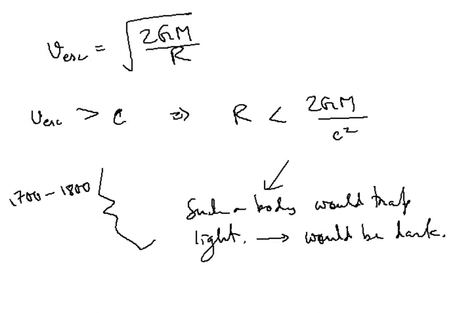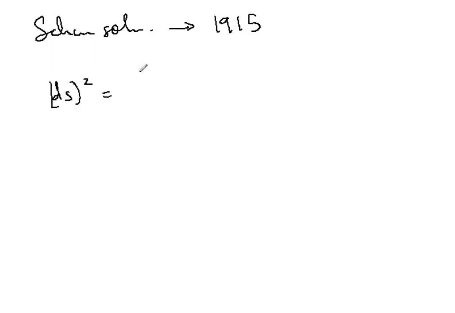Now you see, the idea implicit in the Schwarzschild solution was developed in the year 1915, though it was not properly understood at that time. Let me write down the Schwarzschild solution. So the Schwarzschild metric, let me write it down.